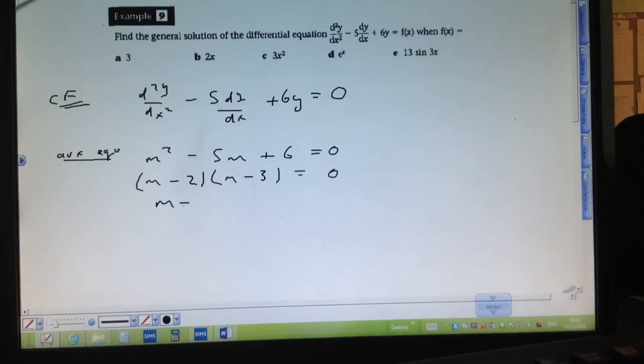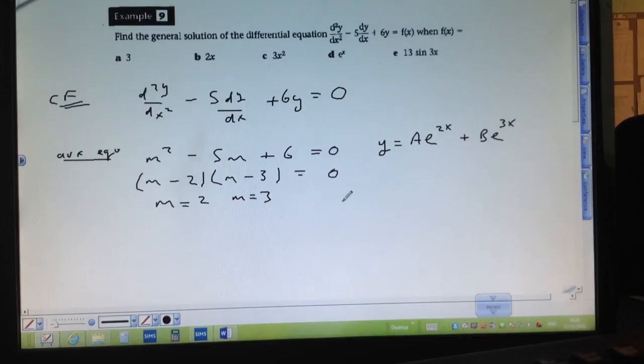So m is 2, m is 3. They're real and different, and because they're real and different, the solution so far for that homogeneous solution is y equals a e to the 2x plus b e to the 3x.